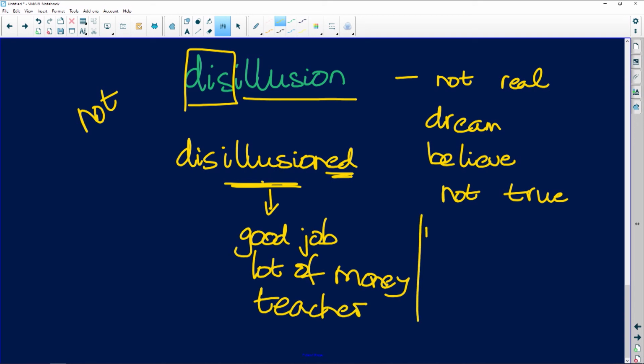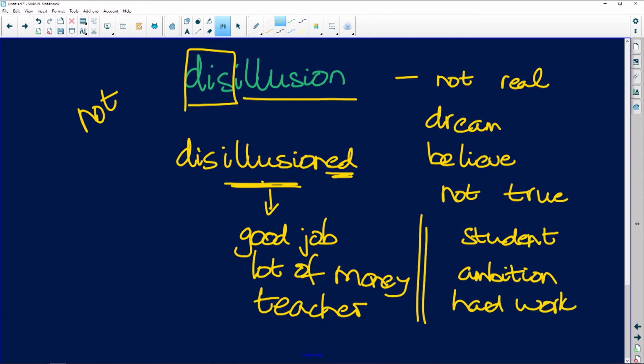And the teacher points out to him, Calvin, it's up to the student. It's the student's ambition and the student's hard work that gets them the kind of qualifications that they need so that they can go on and in later life get all of this.